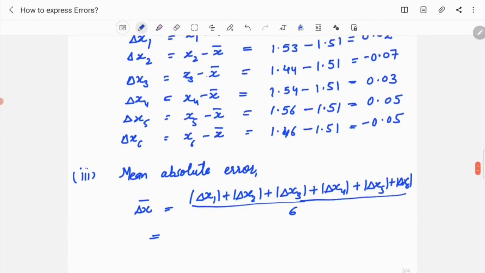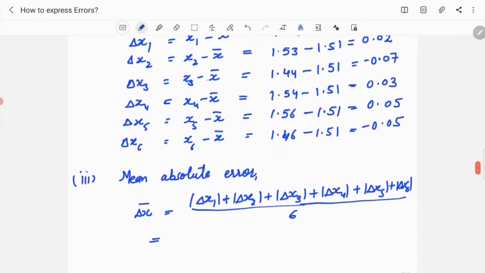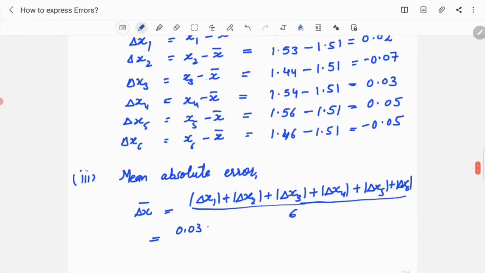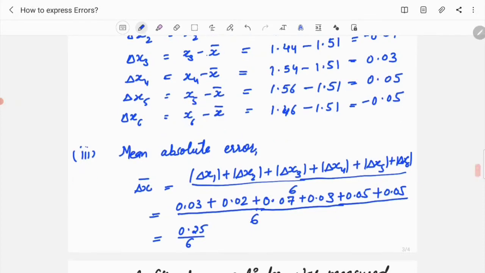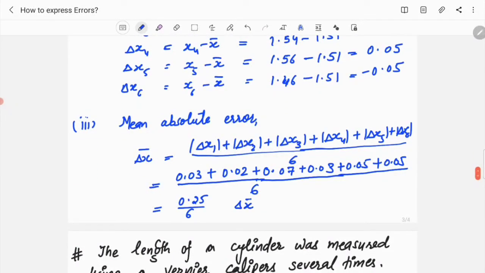So it will be 0.03 plus 0.02, 0.07, 0.03, 0.05, 0.05, divided by 6. So it is 0.25 divided by 6.